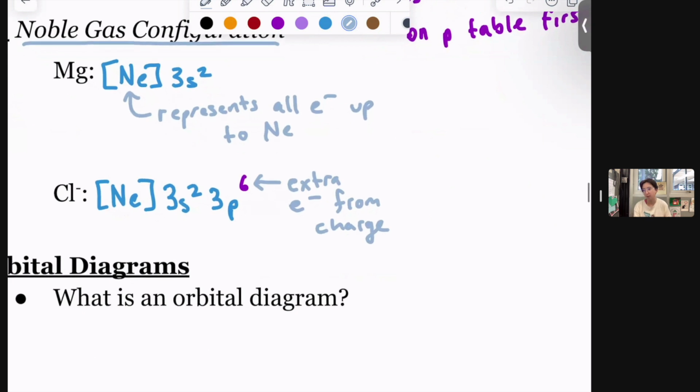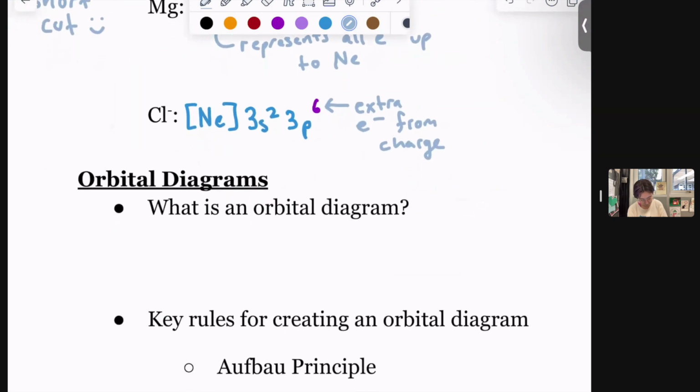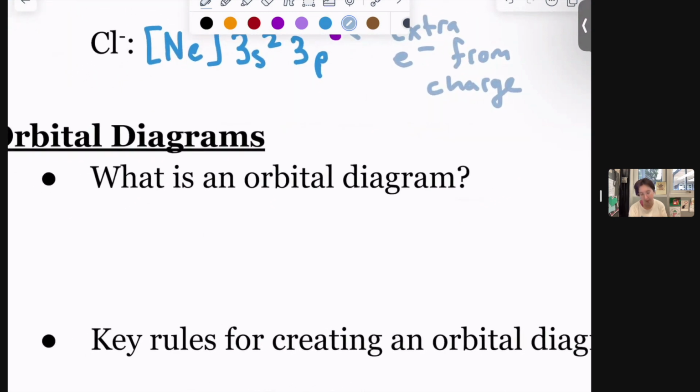And again, that extra electron is being put in your valence. Any ion stuff is always with your valence electron. Or sorry, your valence shell. Okay, so that's skill number 1, electron configurations.